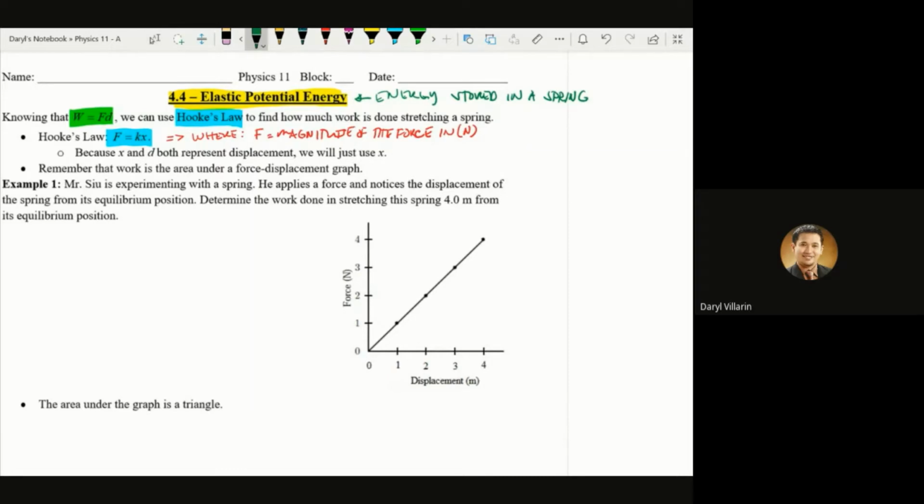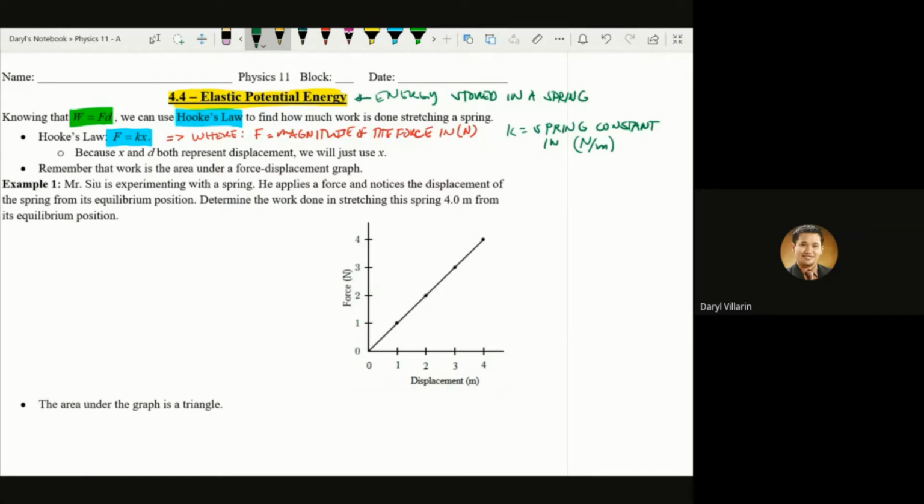K is the spring constant, in Newton per meter. For different types of springs, you can expect the spring constant K to be different. And remember, the unit is Newton per meter.